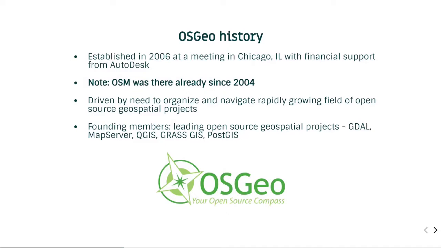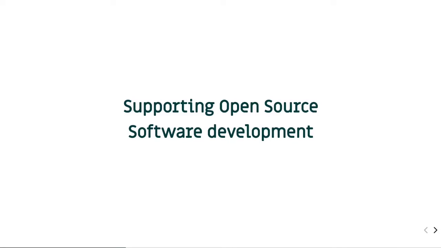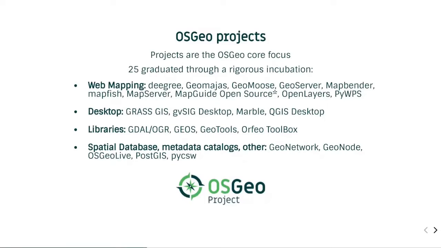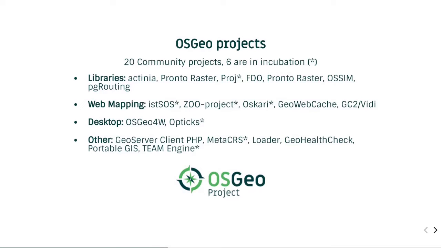This is the initial logo of OSGeo. The recent one is from the previous slide you saw. So OSGeo supports open source software development, and here are a couple of OSGeo projects that have gone through rigorous incubation and are available for everyone to use. You can see familiar names here as well. And then here you see community projects.